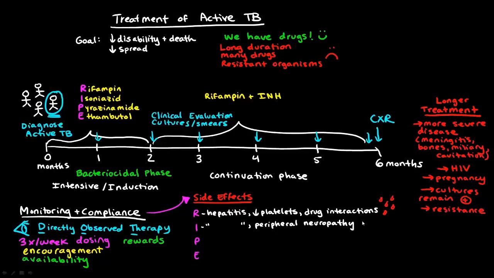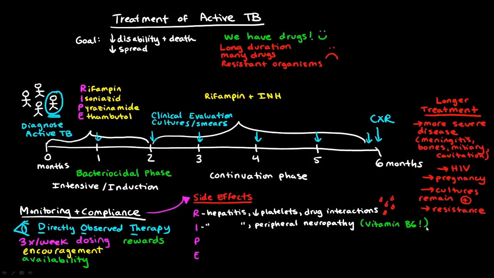So you can take care of that by prescribing pyridoxine at the same time. That's especially true if the patient has poor nutrition, an alcoholic, for example. You can also get neuropathy in patients who are taking INH with chronic renal failure and diabetes and so forth, but neuropathy is important to keep in mind.